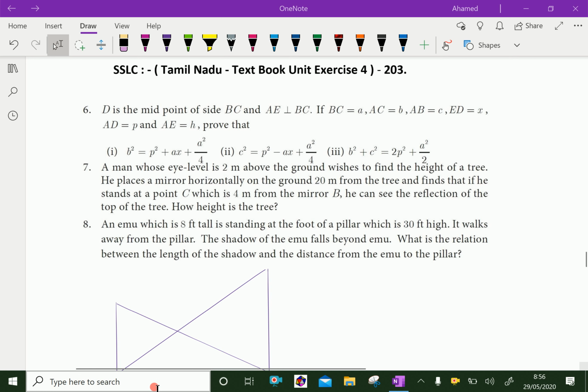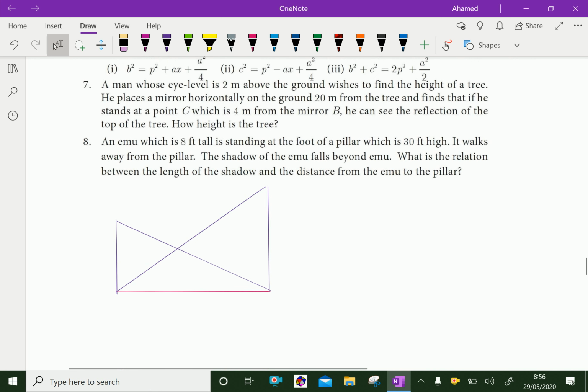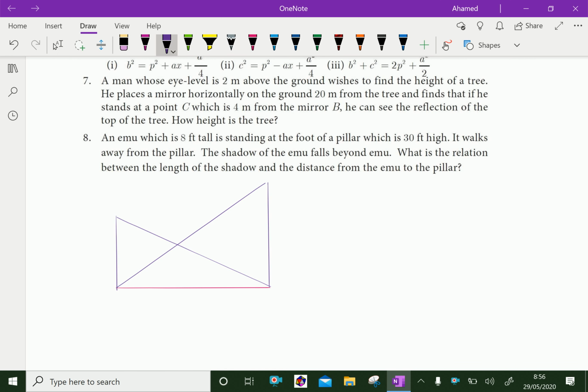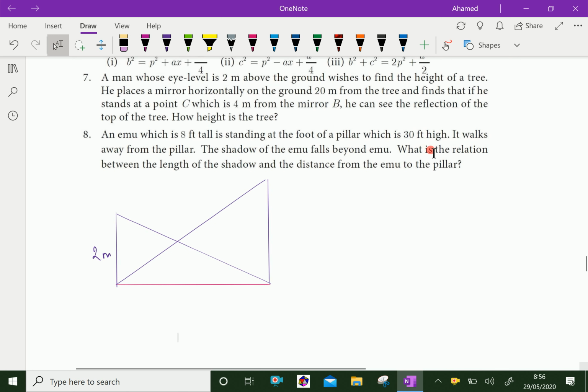Here, this eye level is 2 meter and he wishes to find the height of the tree. He places a mirror horizontally on the ground 20 meter from the tree. Here the tree is h meter.